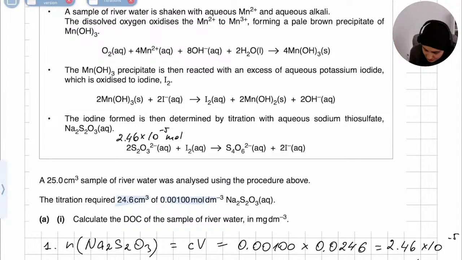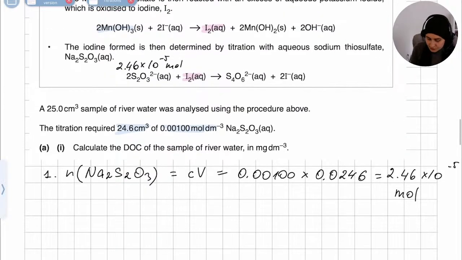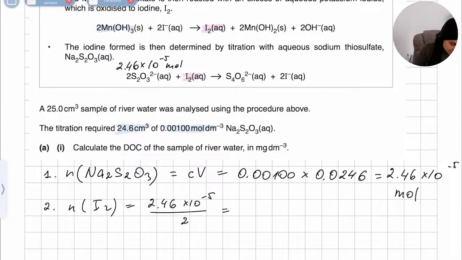Here it was MnOH3. Then iodine was formed and iodine was titrated. So now we can find the moles of iodine using the ratio with S2O3. Why am I finding iodine, not something else? Because iodine was the one that was transferred from the previous step. So I can find the moles of iodine, which is in a 2-to-1 ratio, so it's twice less than Na2S2O3, so divided by 2.